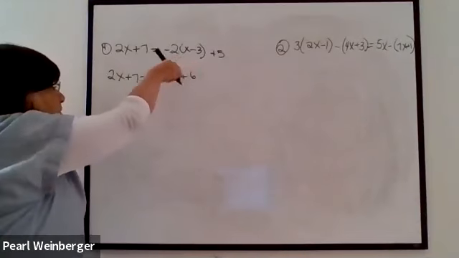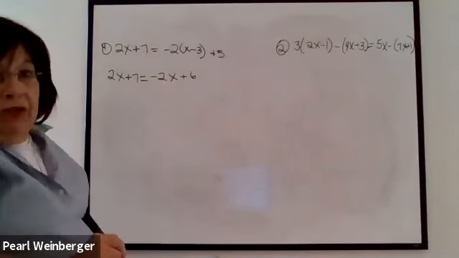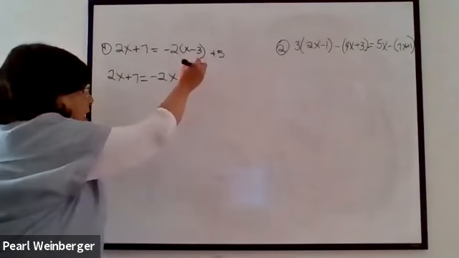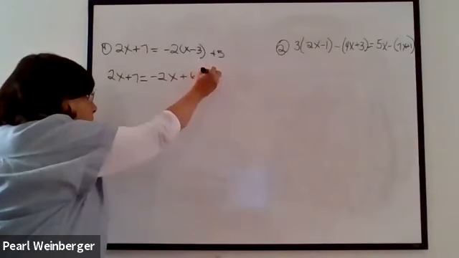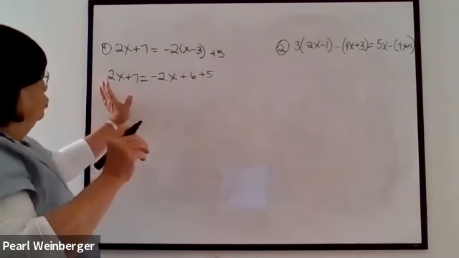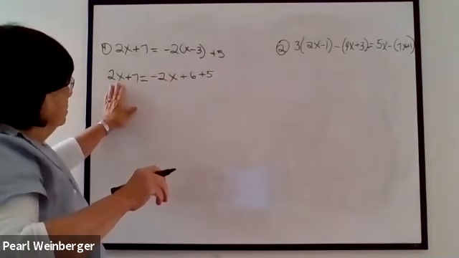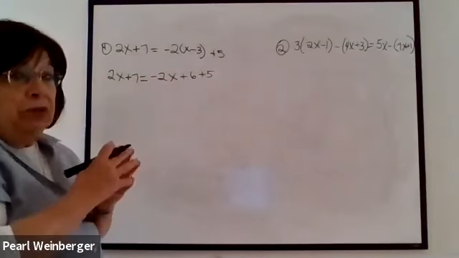It's called distributive because we have to multiply both numbers inside the parentheses by what's outside, and then we just bring the 5 down.